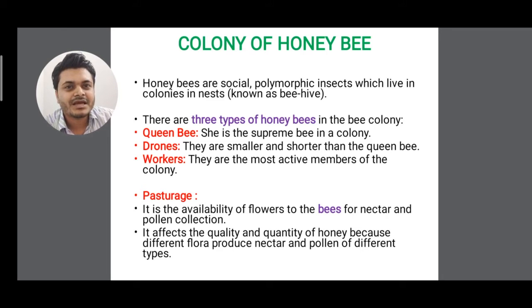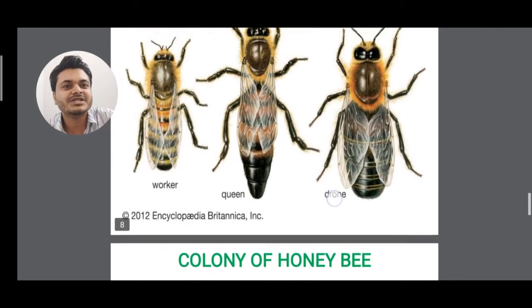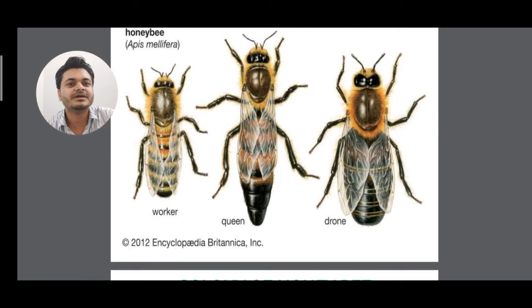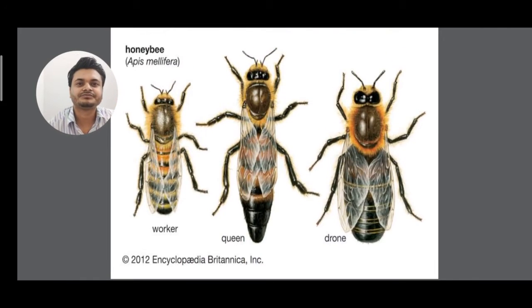Like in a palace there is a king and queen, here only the queen is there. She is female. Drones are smaller and shorter than the queen bee. And workers are the most active members of the colony. See, the queen is very big, and the workers and drones are shorter than that.